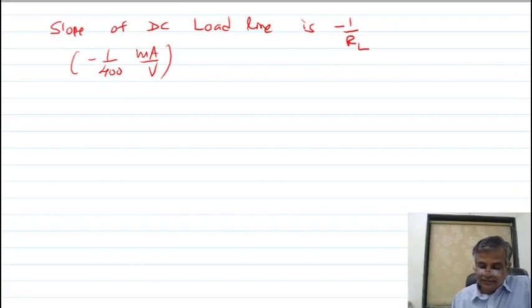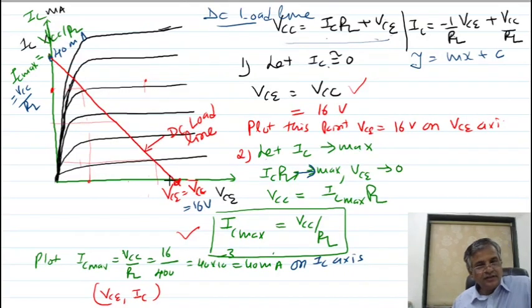Remember, this line represents the possible combinations of collector current and collector-emitter voltage for a given value of VCC and RL. Second important point: the intersection point of the DC load line with the IC axis is called the saturation point.